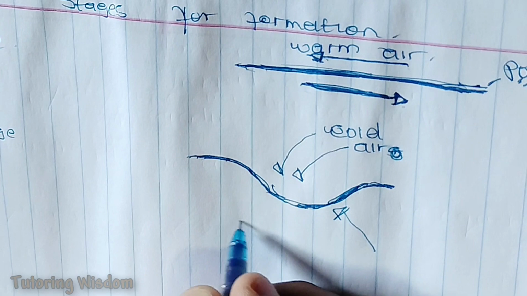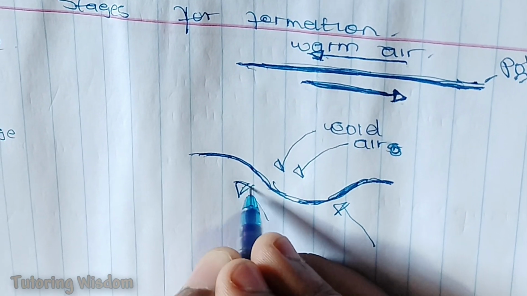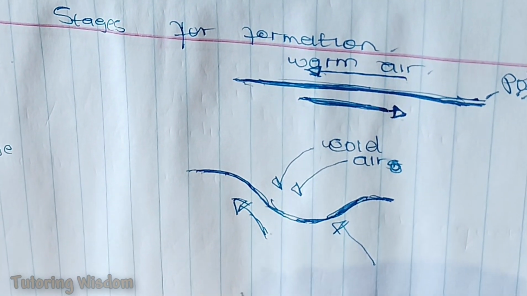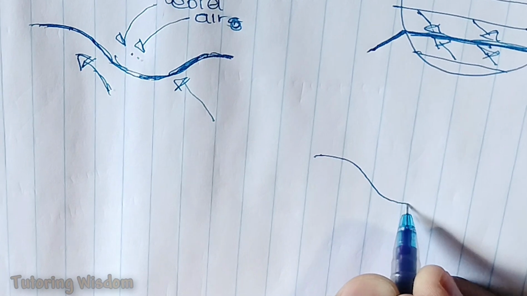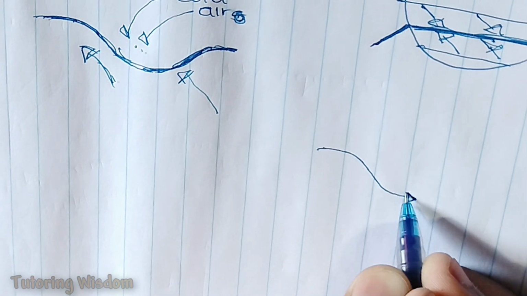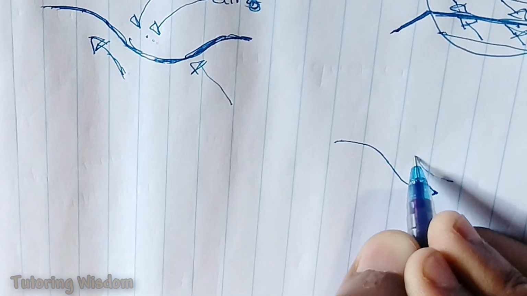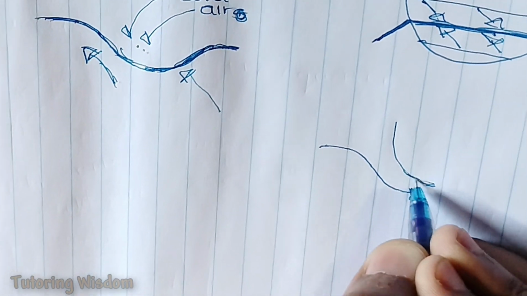That cold air starts moving that side. So this frictional drag causes warm air to become uplifted. So it will look something like this. Cold air undercuts or goes underneath the warm air, causing the warm air to rise.